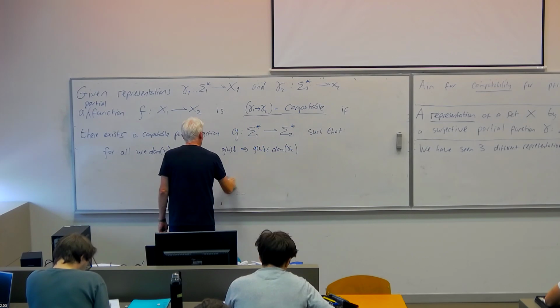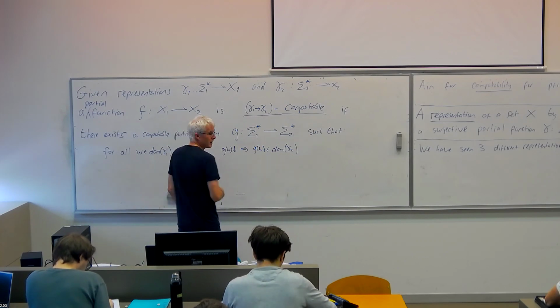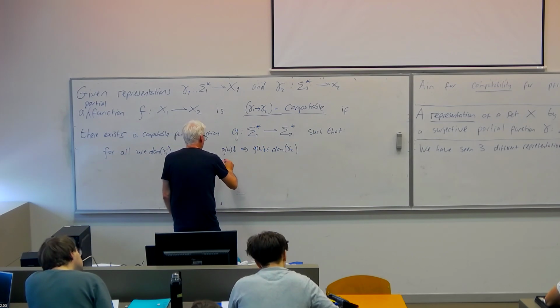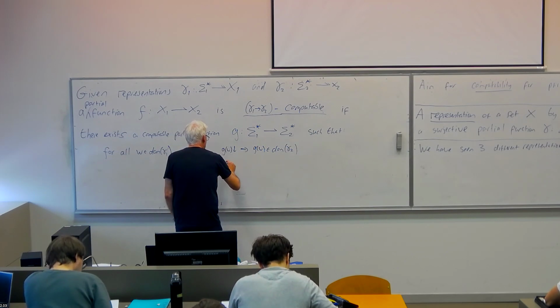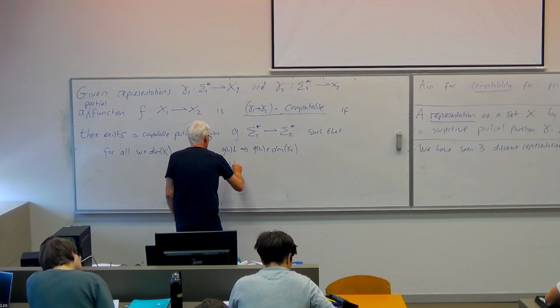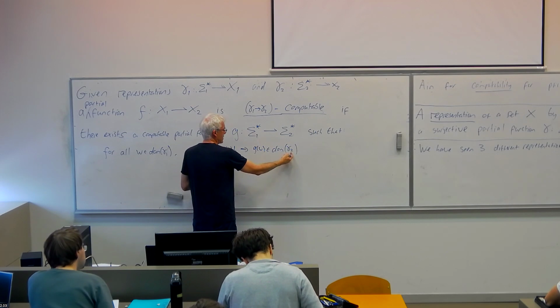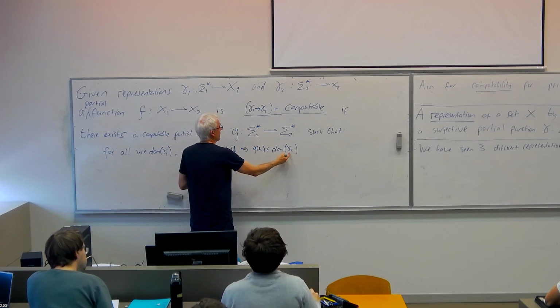And the second condition is the condition we had before: if we compute G of W, then if it's defined, it's going to give us a representation of an element of X2.